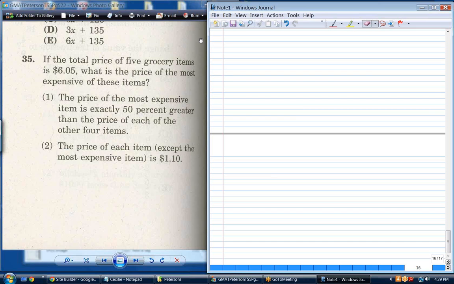I think 2 is pretty easy to answer. Yeah, I would almost base it on the number of words. This is 2 sentences, that's 4. I'm usually always going to start with the shorter thing. Well, that's 110 times 4, and then you will know what the last one costs.